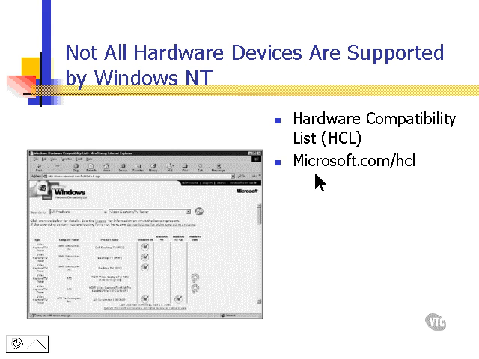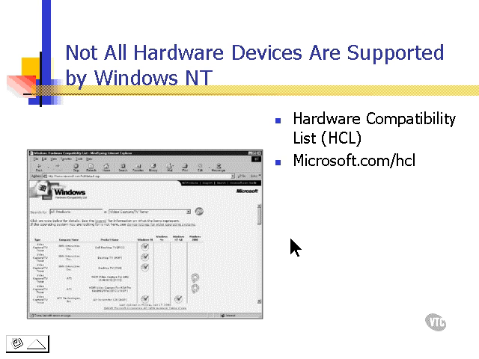The hardware compatibility list will tell us what devices will work with NT and what devices will not work with Windows NT. So it's a very nice tool to take a look at before we look at doing an upgrade installation from another operating system to Windows NT.